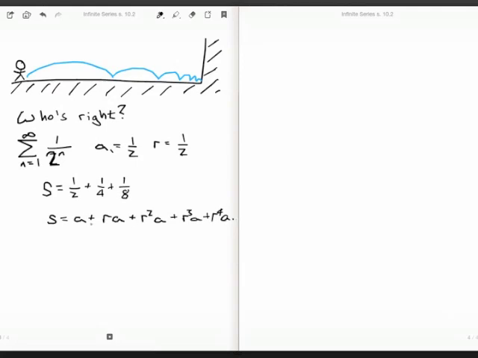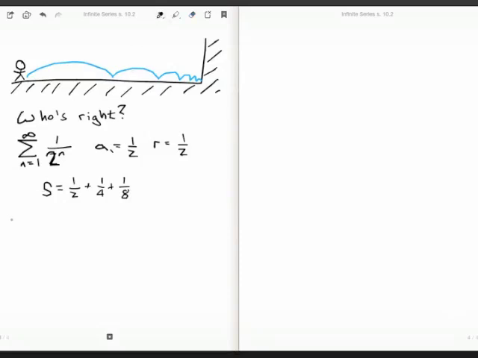Oh, I ran out of room there. Let's cross this out. Start over. Didn't realize my eraser is pressure sensitive.